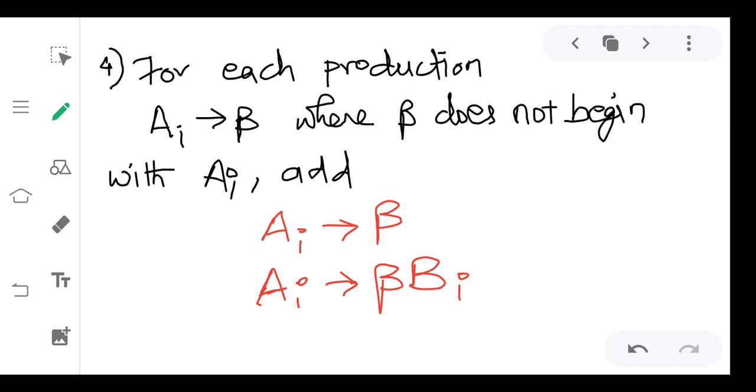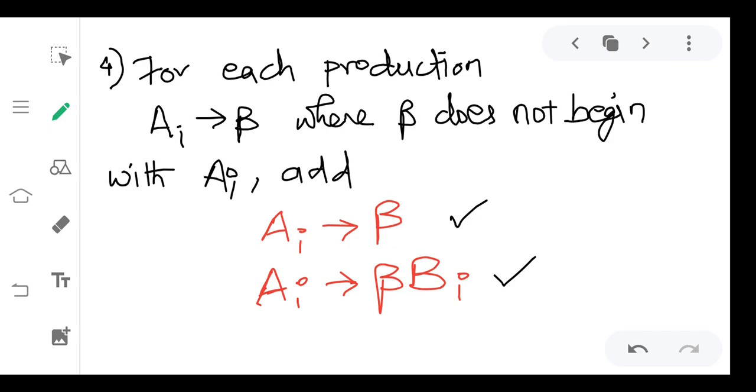For each production of the form Ai produces beta, we have to introduce Ai produces beta and Ai produces beta Bi. So, these are the steps for converting any context-free grammar to Greibach normal form.